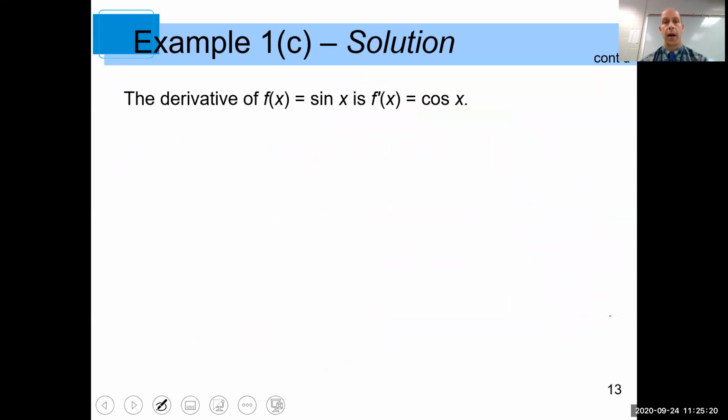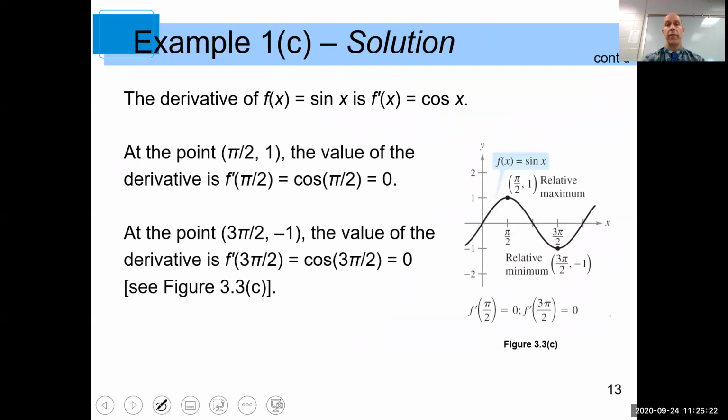And let's go ahead and look at sine. If we do the derivative of sine, we get cosine. So I've graphed here, this is sine. And now if we think about right at this point here, this would be one of those hills, right? So the horizontal tangent line would be there. So what is the value of cosine, which is the derivative, at pi over 2?